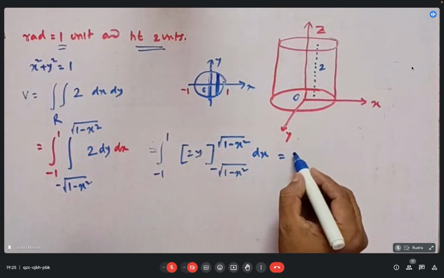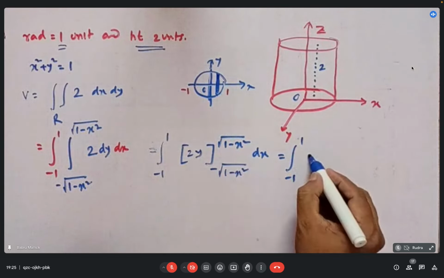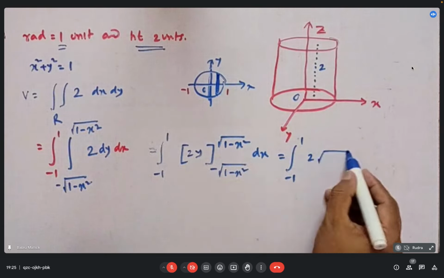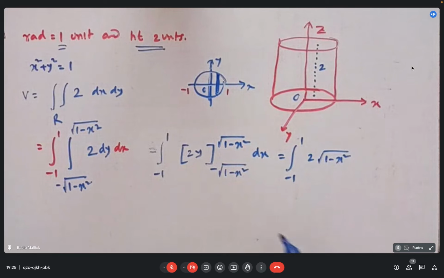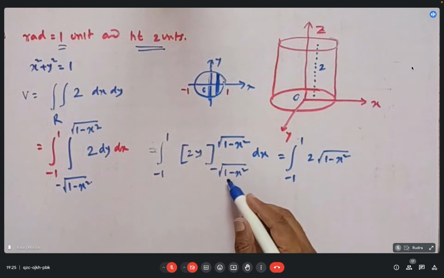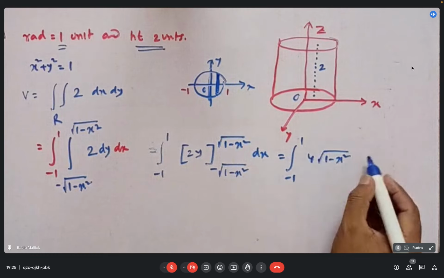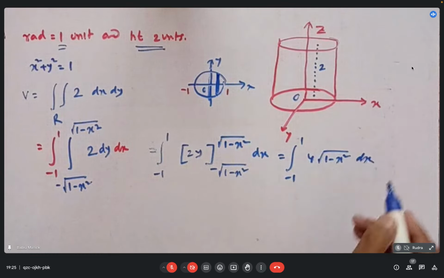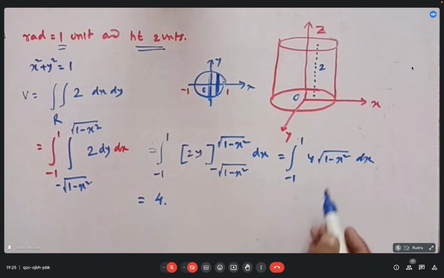So this is equal to, from -1 to 1, 2 into y, that is √(1 minus x square), minus of this, so it will become 4 times this dx.